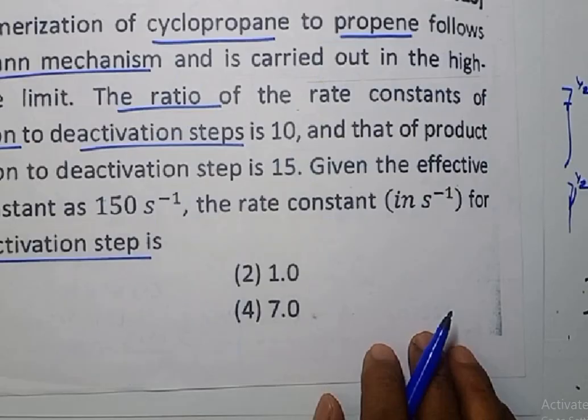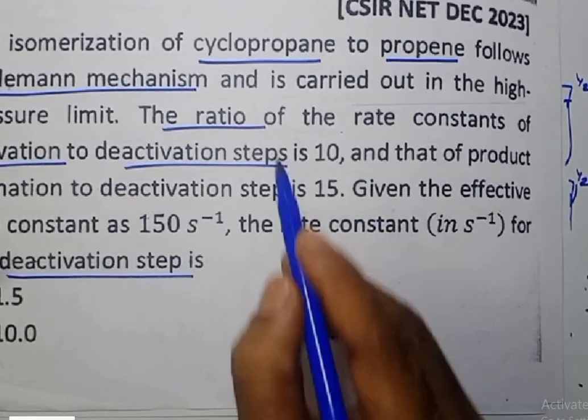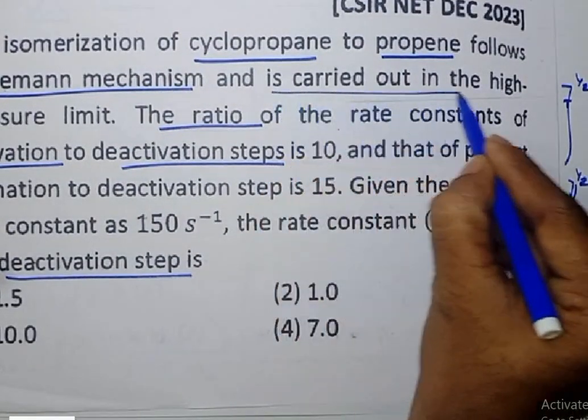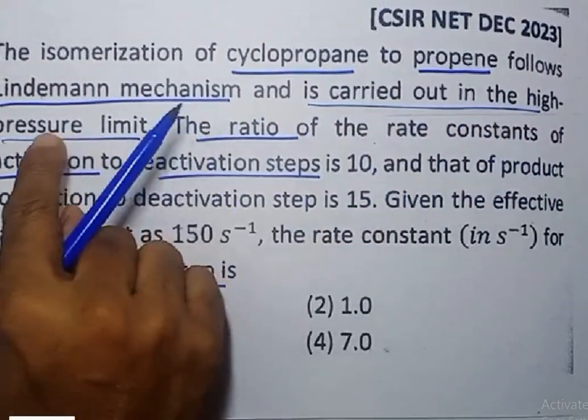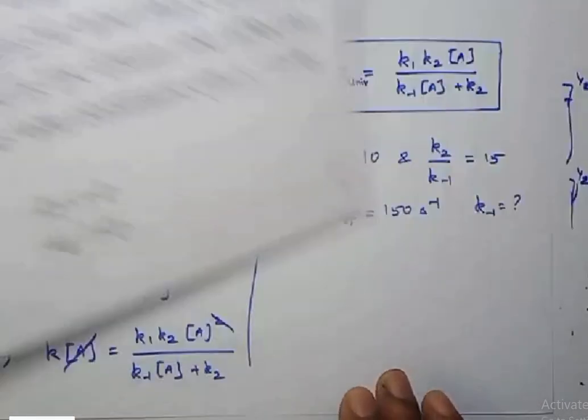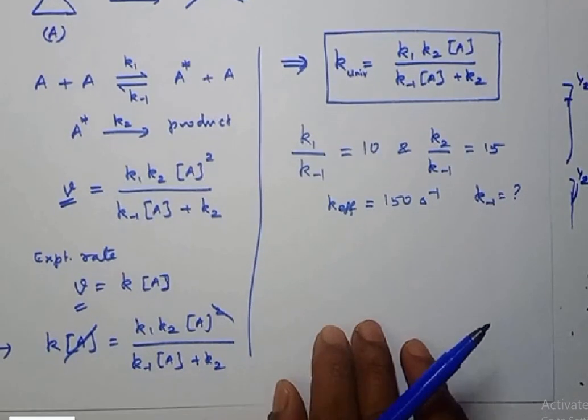One second. Here one more piece of information is given: the reaction is carried out in the high pressure limit. High pressure means reactant concentration is high.